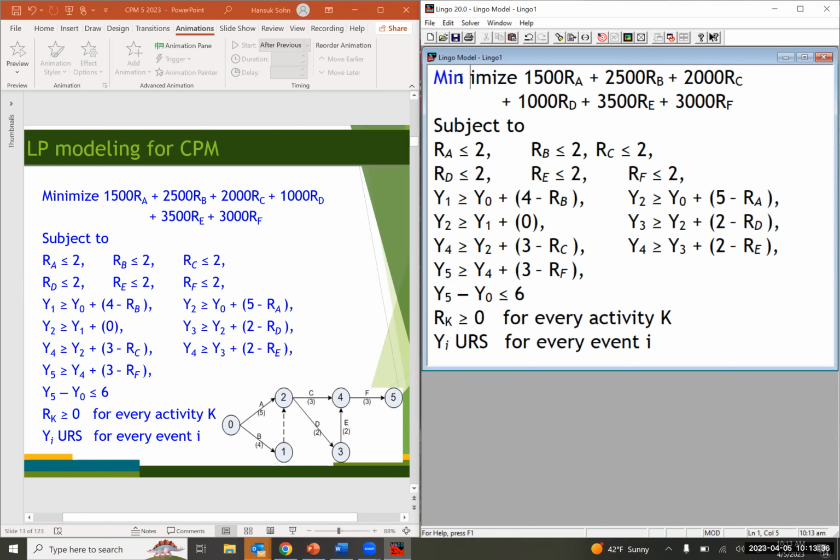That means Lingo recognizes this keyword. And then I'm going to put the equal sign. And Lingo does need an asterisk as the multiplication symbol, right? So I'm going to put them in here.